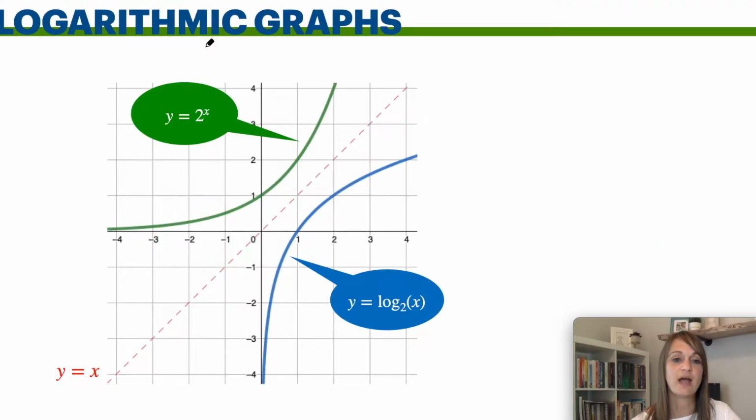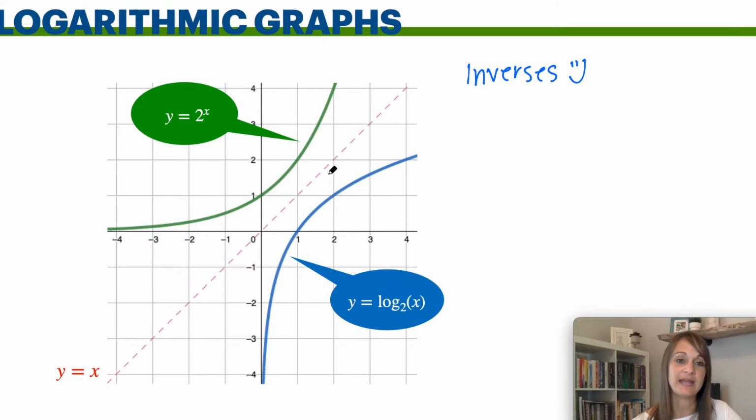The log graph and the exponential graph are actually inverses of each other. So 2 to the x, in a previous video we discussed, is this graph right here, which is in green. The log base 2 is this graph, and you could say they are a reflection of each other across the line y equals x.